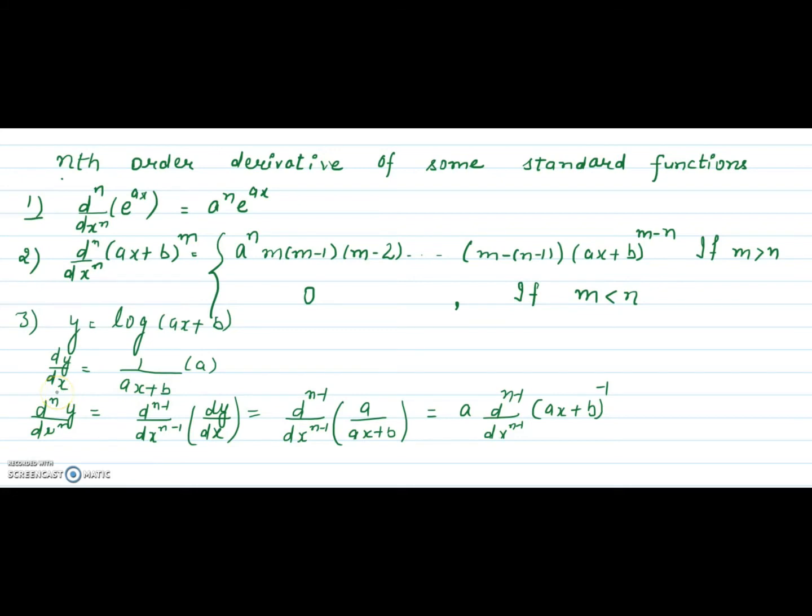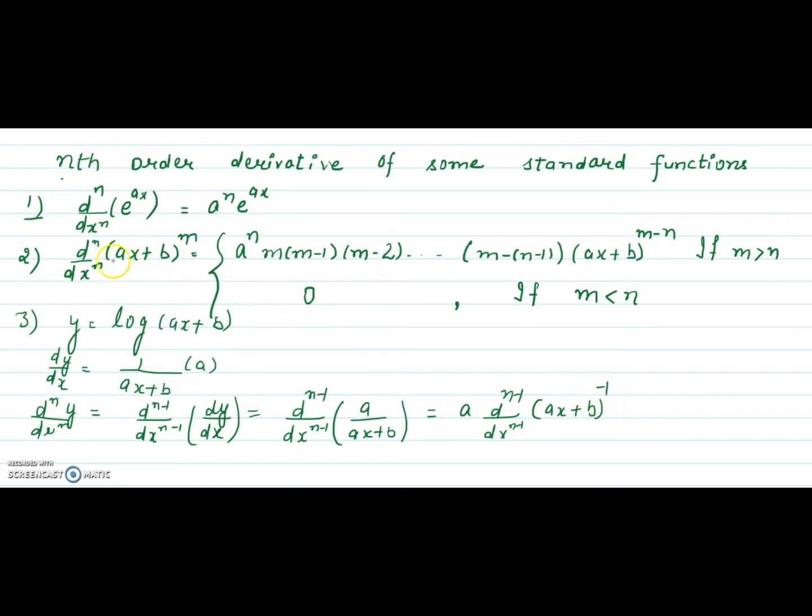So what we will do, we will differentiate n minus 1 times this first order derivative, which will be equal to nth order derivative of y. So n minus 1 times differentiation of first order derivative a over ax plus b is equal to a into n minus 1th order derivative of ax plus b raised to power minus 1.